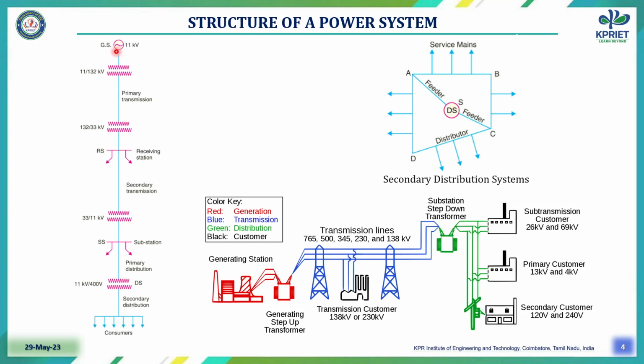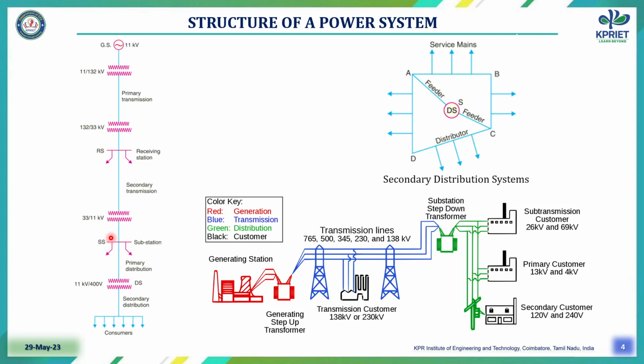So the generated power is normally at the 11 kV voltage level. The same 11 kV is distributed as primary distribution. Here the HT consumer will be connected, where the power requirement is high, for example any industry, where the power requirement is very high.